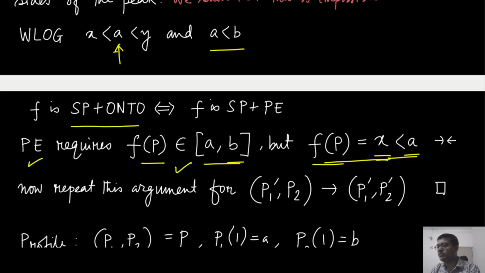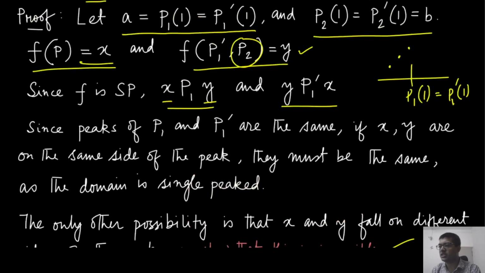You can now repeat the same argument for the transition from p1 prime comma p2 to p1 prime comma p2 prime, and there also you repeat this argument to arrive at a similar contradiction, and then what we have assumed is not true.